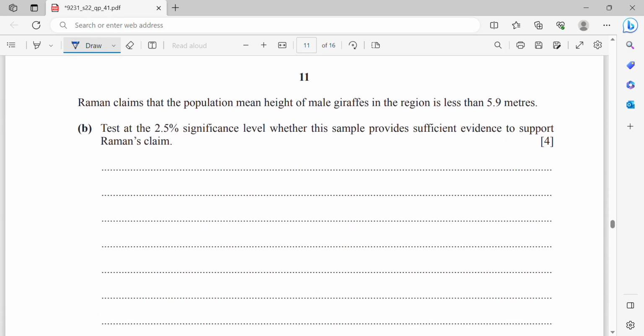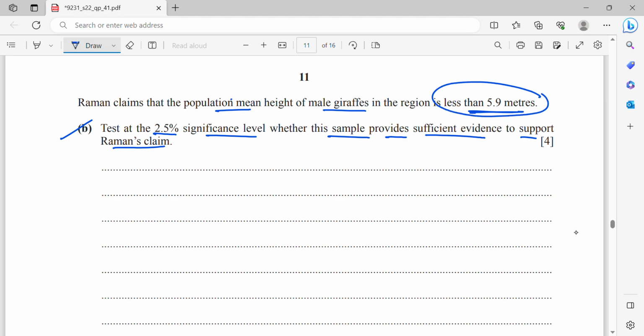Now, Raman claims that the population mean height of male giraffes in the region is less than 5.9 meters. So B tests at 2.5% significance level whether this sample provides sufficient evidence to support Raman's claim. So Raman's claim says that the mu, population mean, okay, that means this is mu less than 5.9 meters.